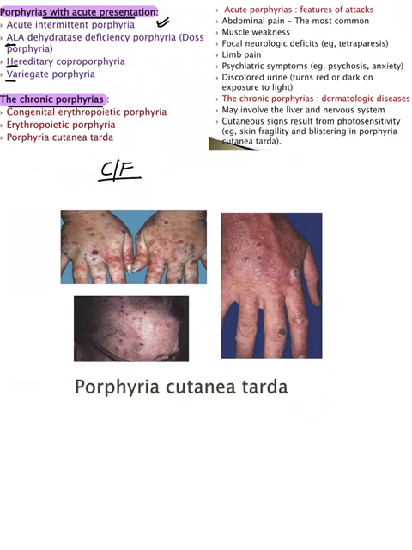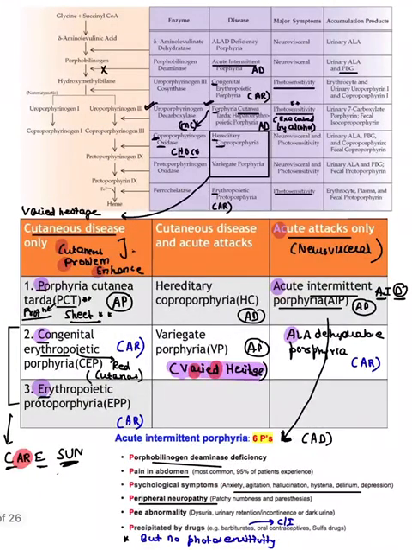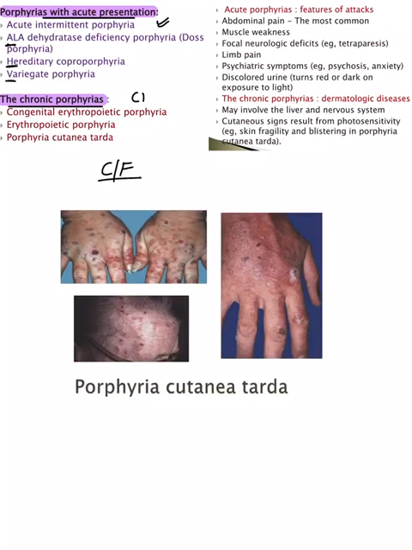Some porphyrias are chronic, and you can remember them as CEP or CP, whatever you want. So congenital erythropoietic porphyria, porphyria cutanea tarda, and erythropoietic protoporphyria are the chronic porphyrias.